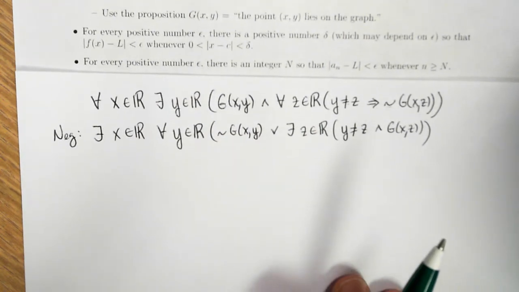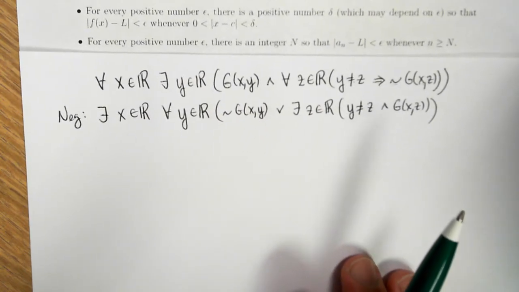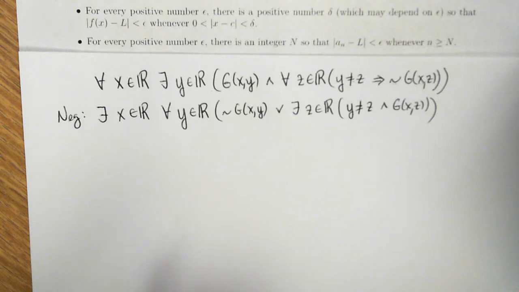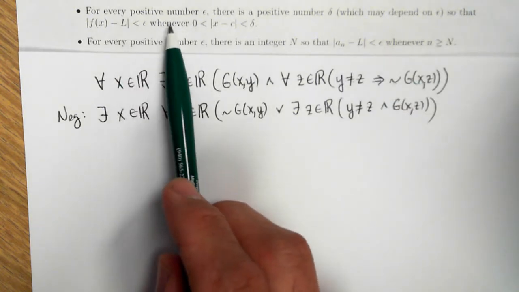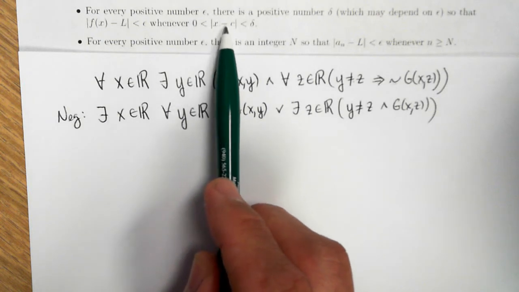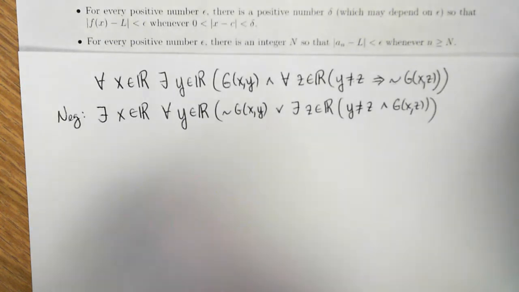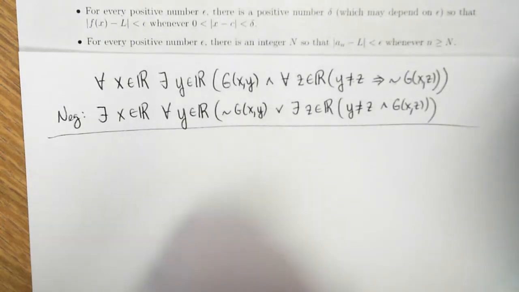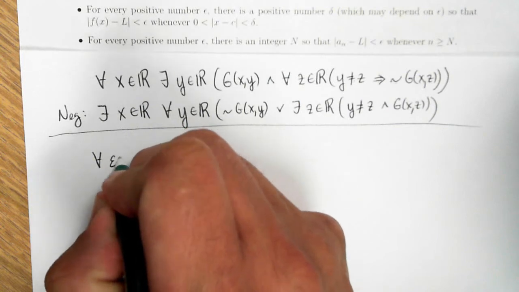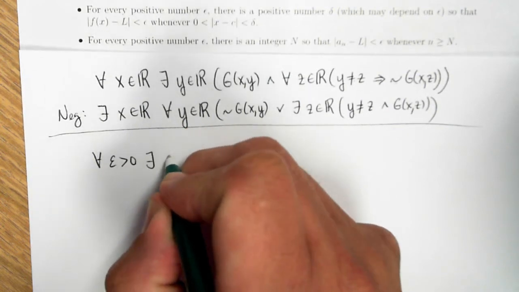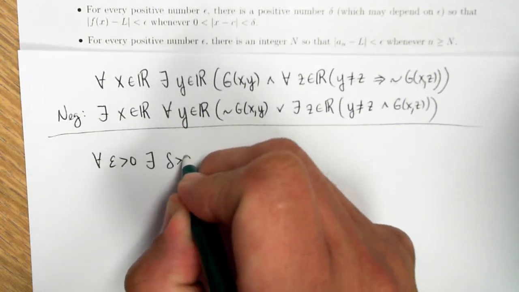Okay, next. For every positive number epsilon, there is a positive number delta, so that the absolute value of f of x minus L is less than epsilon whenever 0 is less than the absolute value of x minus c, which is less than delta. Okay, now this is the definition of the limit existing. So for every epsilon greater than 0, there exists a delta greater than 0.